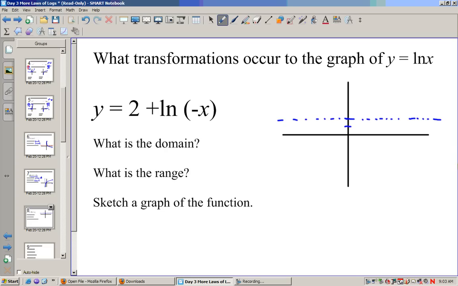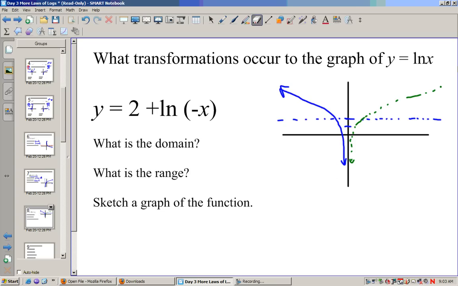So if I was going to do this in green again, our natural log would be coming up and pass through here and then go off to the right. However, we're flipping this over the x-axis. So we're going to come down and up and over.